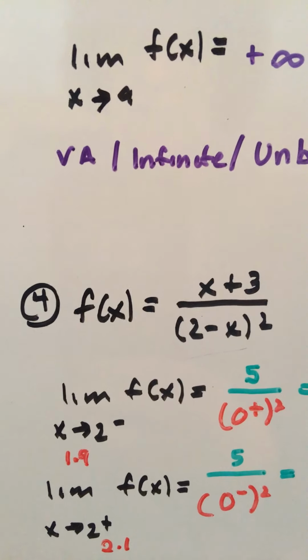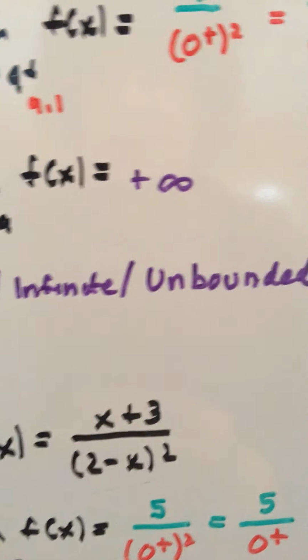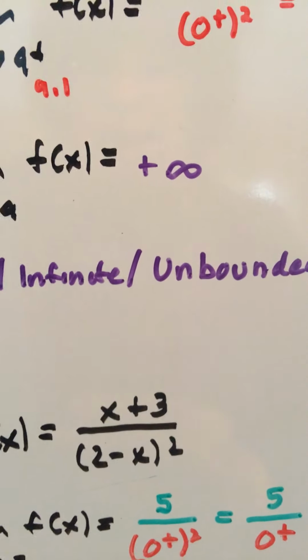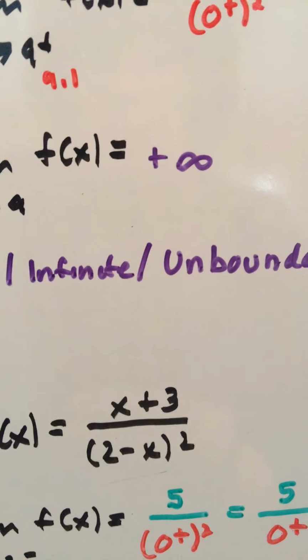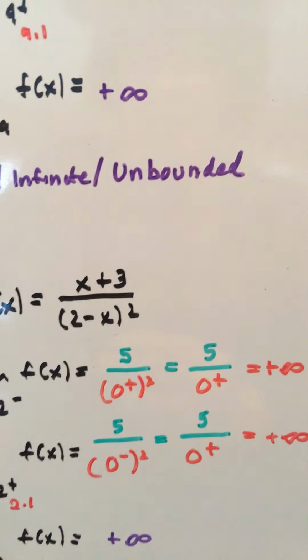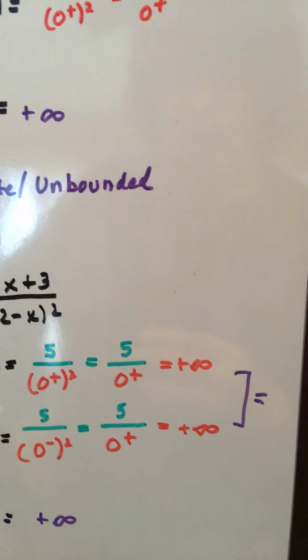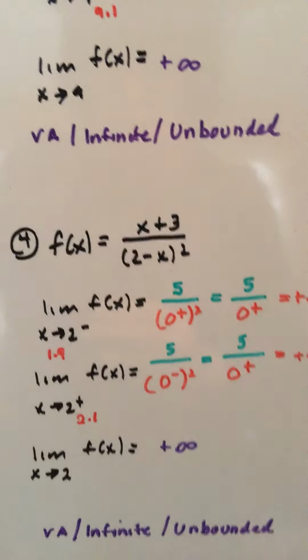I'm now going to do something a little larger. When I insert 2.1, I have a negative. But what is a negative when I square it? It's a positive. These are both positive infinity. My final answer is positive infinity. And yes, I have a vertical asymptote. Always. That's what these problems are like.